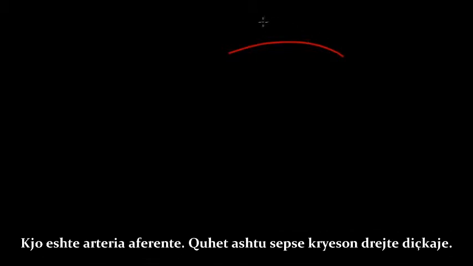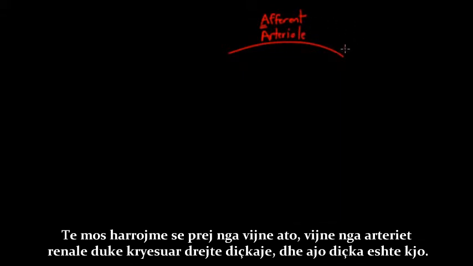So this is our afferent arteriole, A capitalized, and it's called afferent because it's headed towards something. Afferent arteriole. And let's not forget where it comes from. It's coming from the renal artery. So it's coming from the renal artery headed towards something, and that something is this.